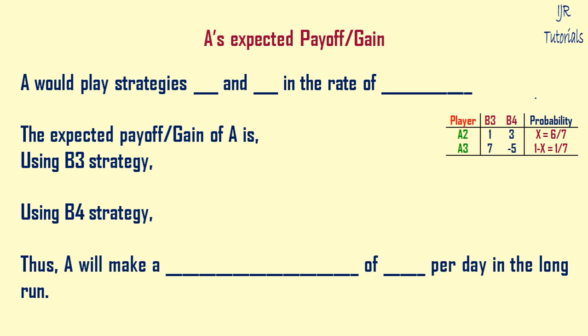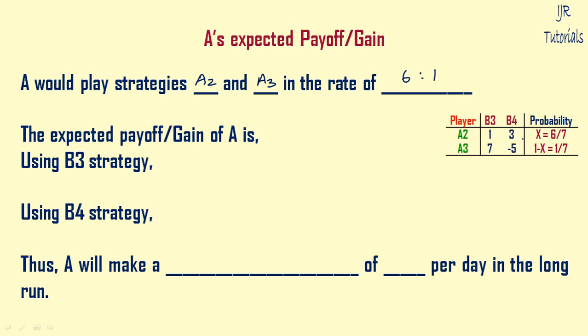Then A would play. Now we need to find the value of A's expected payoff or gain. A would play strategies A2 and A3 in the ratio 6 to 1, that is 6 by 7 and 1 by 7.